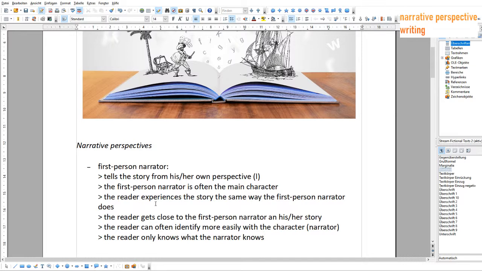So you only know what the narrator knows, and you know what he or she is thinking, but you don't know what the other characters are thinking. Okay. So that's a lot of things that you can say about the first-person narrator. Do you have any questions concerning this kind of writing?